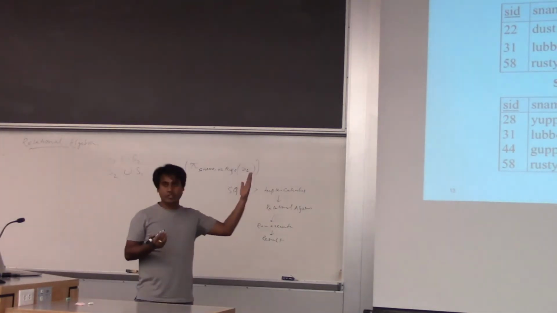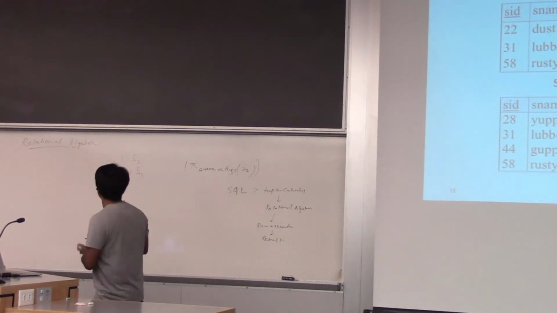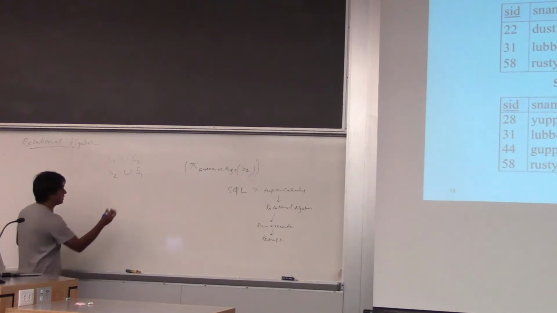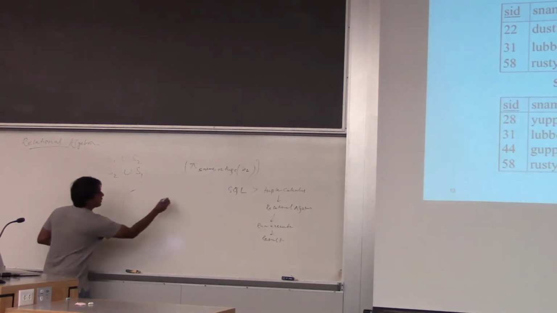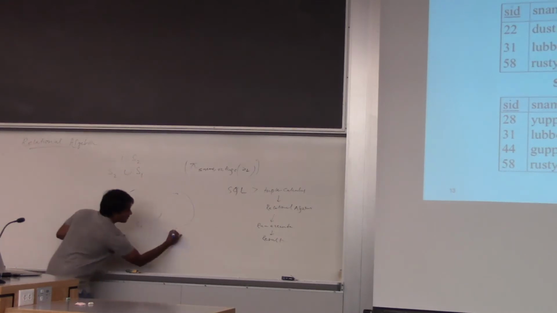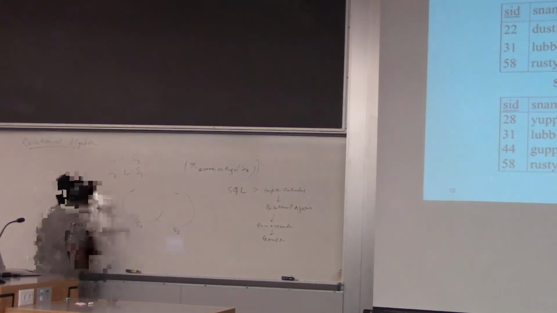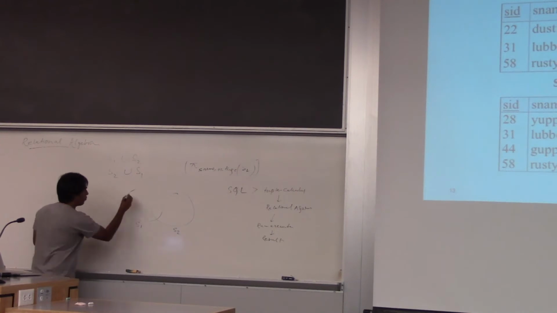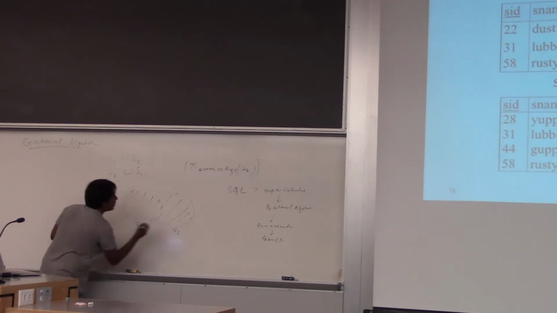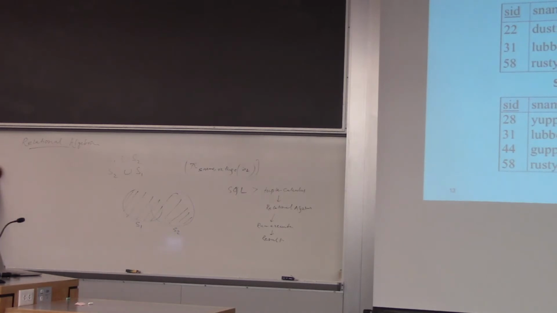But for the set difference, we have a difference. Like if we draw something like this, say this is set 1, this is set 2, and the union is of course the whole set. But for the set difference, we'll have different results.